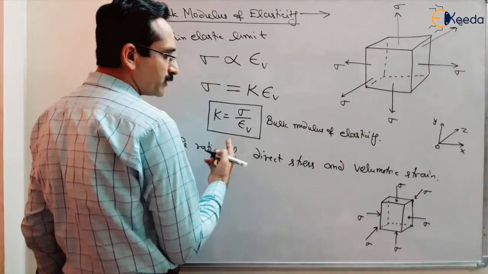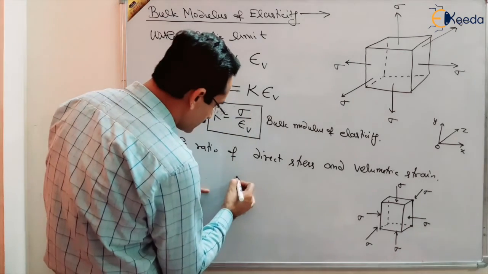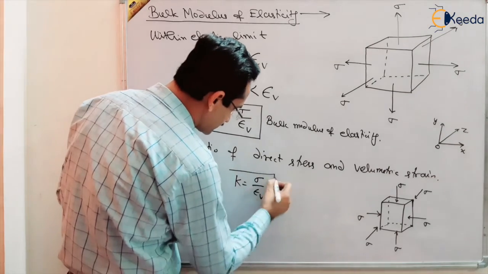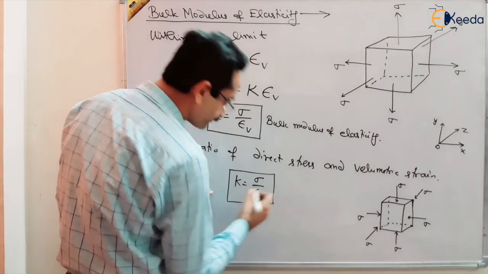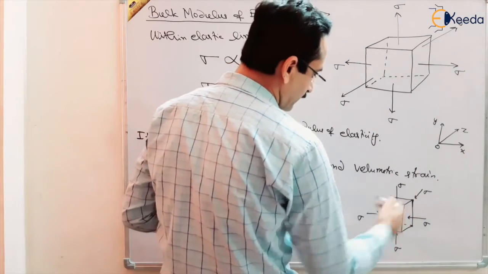Again, the bulk modulus of elasticity will be K equal to sigma by epsilon V. This is the same result we will find in compression also, where we have seen this type of stress element.